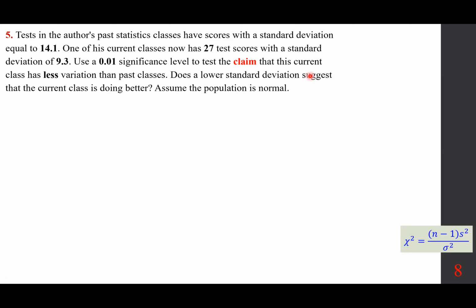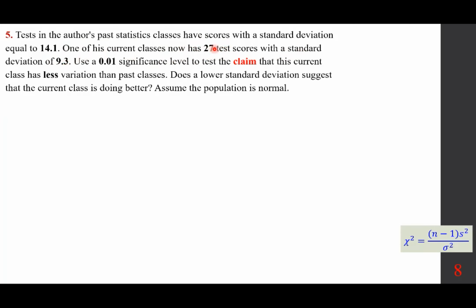Perfect. Again, let's read and write symbolically. We are assuming normal distribution. The past statistics classes have a score standard deviation of 14.1. That is a population, so sigma is 14.1. But for one of the current classes, n equals 27, the test scores have a standard deviation of 9.3.